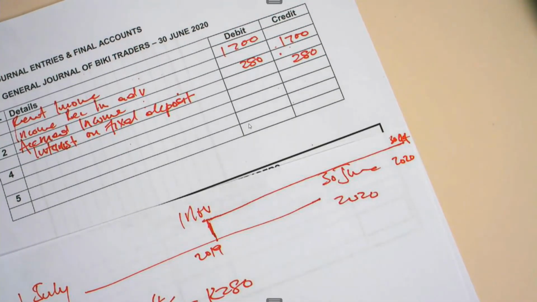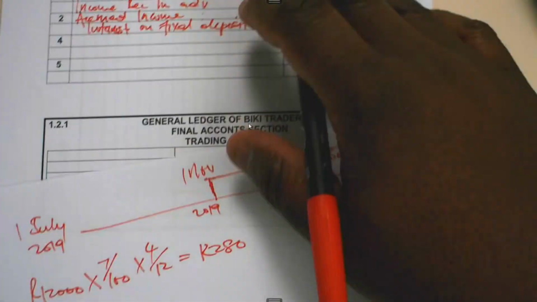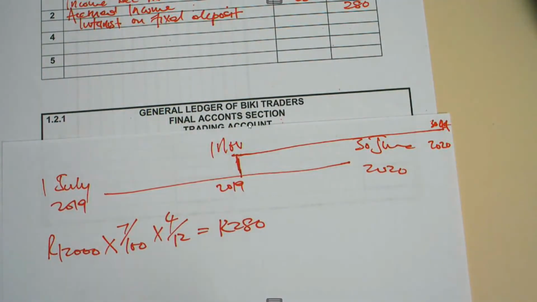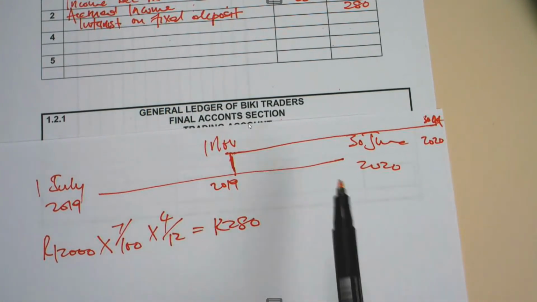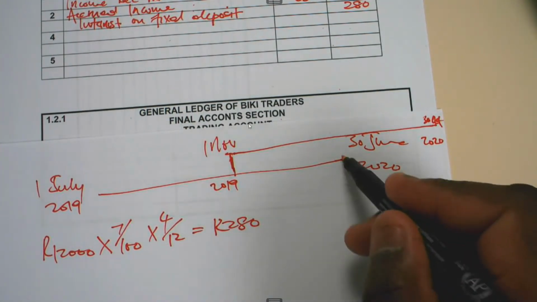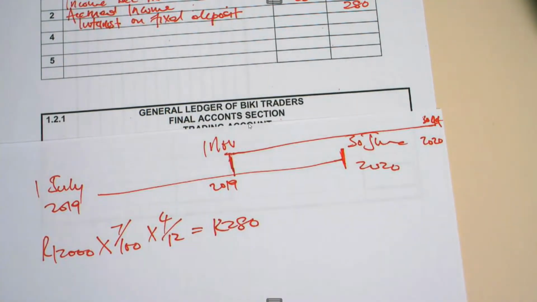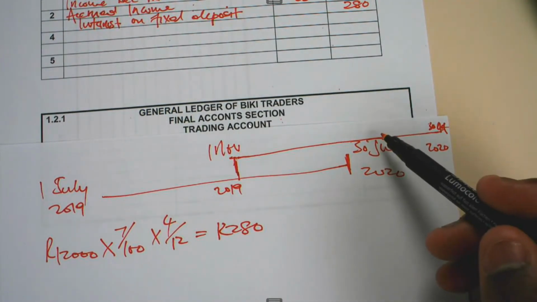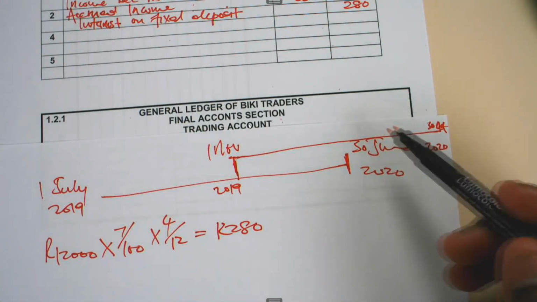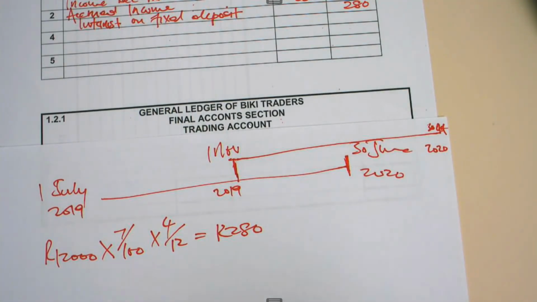Now, this is an expense account, and as you can see, it overlaps to the next financial period, because this is the end of our financial year. We are only interested in the amount of that particular expense that is prepaid, the amount that overlaps into the next financial period.